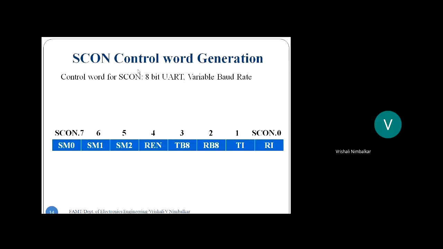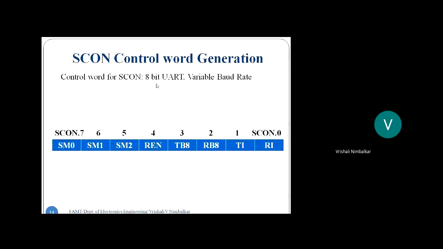Now let us see one example. The control word generation, SCON control word for reception and for transmission. Now whatever modes we saw: mode 0, mode 1, mode 2, mode 3. Mode 0 is synchronous serial communication. Mode 1 is 8-bit UART variable baud rate. Mode 2 is 9-bit UART with fixed baud rate, and the last, mode 3, is with variable baud rate.